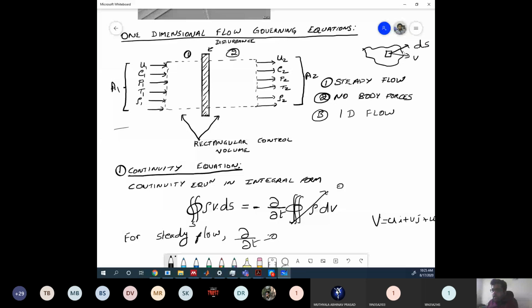So here for rho 1 and u1 at this surface, in region 1, A1 and u1 are in opposite directions, right? So the ds will be pointing in the opposite direction.